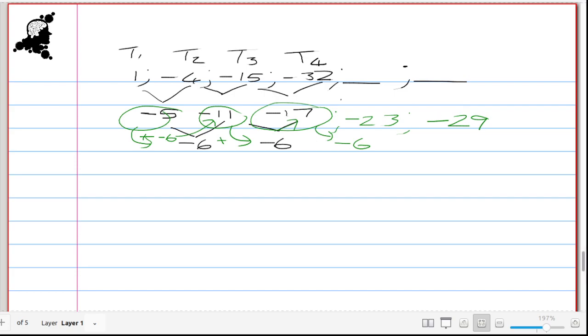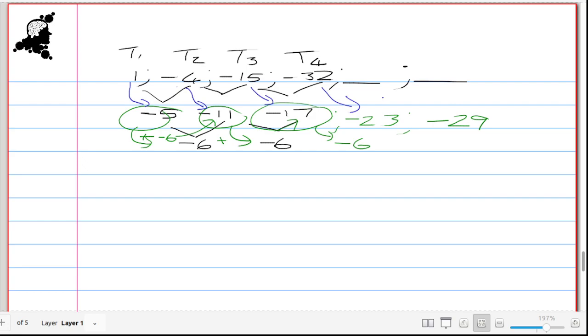Now why am I doing this? Check this. I know this is going to be a bit messy, but 1 minus 5 gives us minus 4. Minus 4 minus 11 gives us minus 15. Minus 15 plus negative 17 gives us minus 32. Minus 32 plus minus 23, that's going to give us the next term.